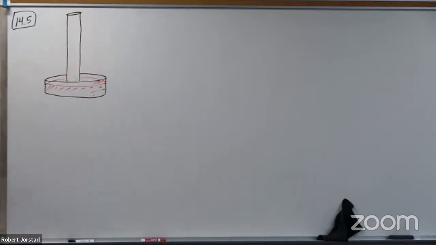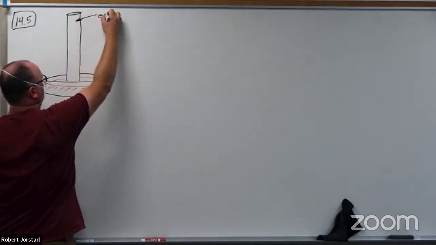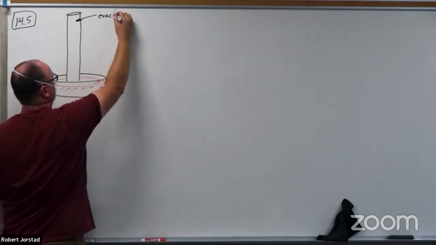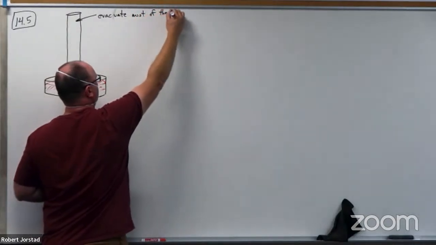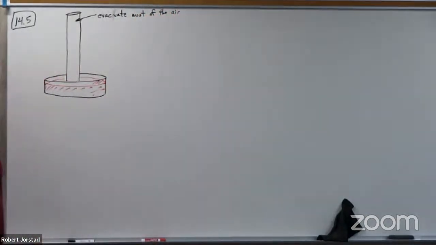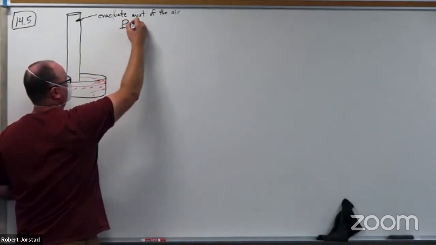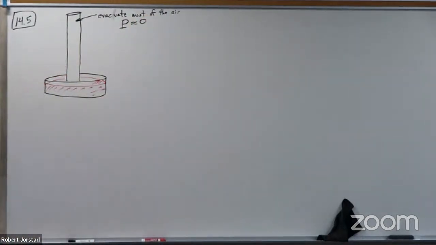Okay? And what's going to happen here is you could connect this somehow to a pump and evacuate it. We're going to evacuate most of the air. And by that, I mean the pressure is approximately equal to 0.